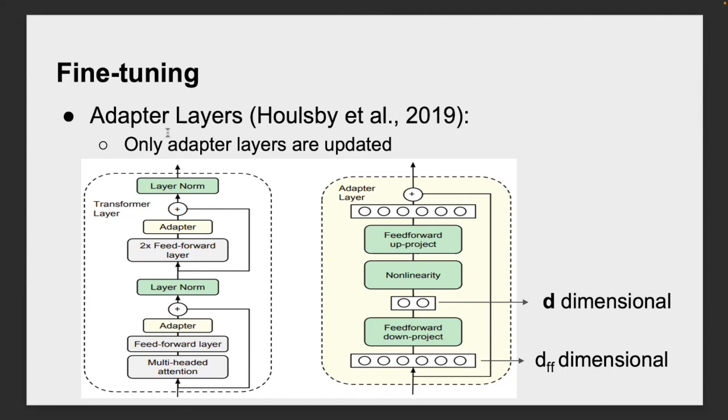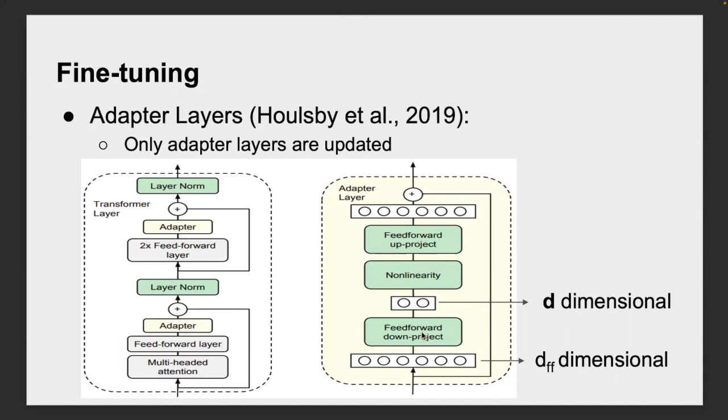One key idea in efficient fine-tuning is adapters, using adapters in the transformer. So this is your original transformer, and then you can add an adapter layer module right after the feed forward layer, and the same here. Then when fine-tuning, you only update the adapter weights.